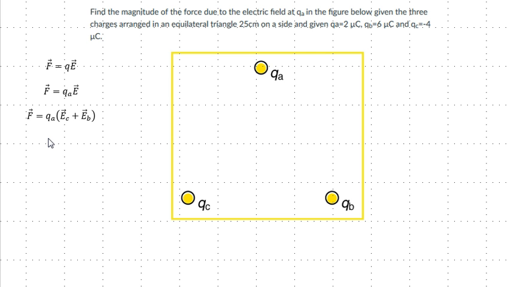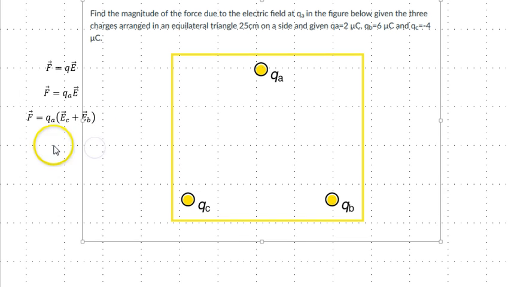All right, so the next question then is, okay, this is what force is. The force is QE. We know that the E field is the sum of the electric field due to QC and QB. So now we have to start working on what those electric fields are.